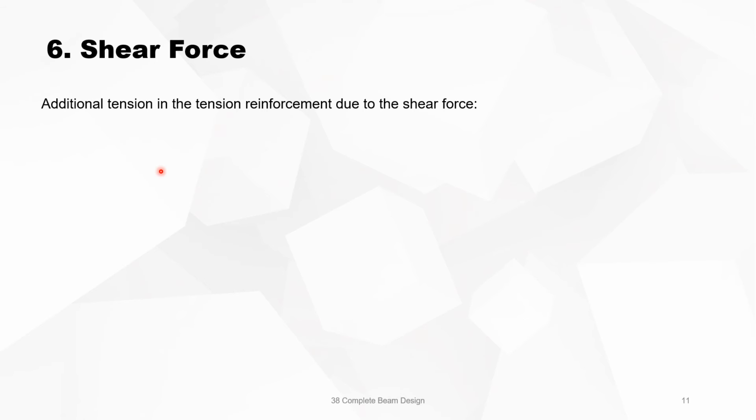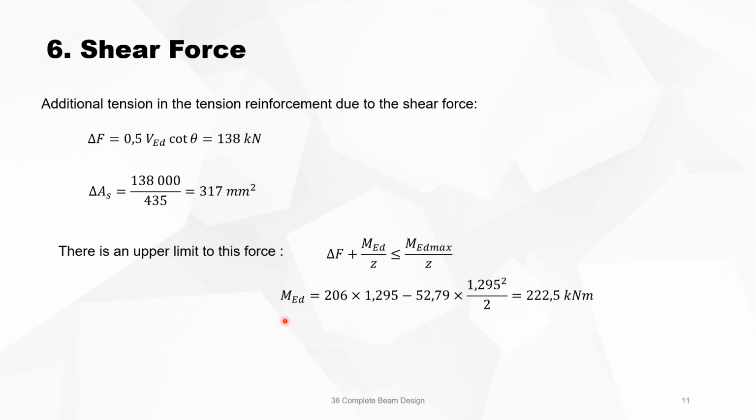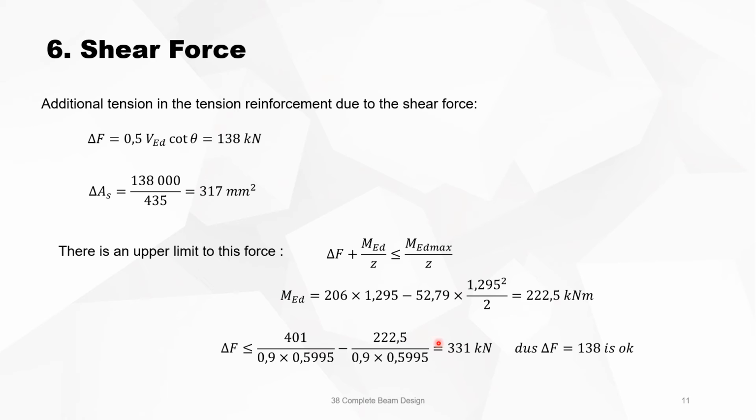Additional tension in the tension reinforcement due to the shear force, delta F, is half VEd times cotangent theta. It means 138 kilonewton. We divide by the yield stress of the steel and we have an additional 317 square millimeters. But now there is an upper limit to this force given by this equation. MEd is then 222.5 kilonewton meter.